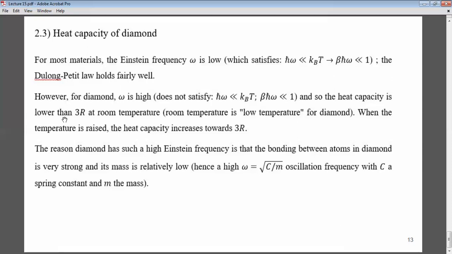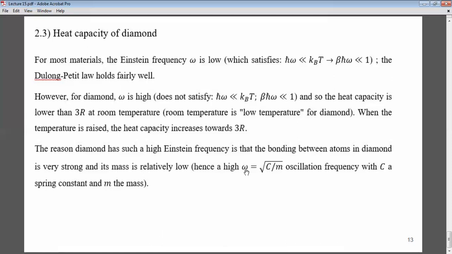If the two atoms oscillate, the period of oscillation will be very low, so the frequency will be very high. Also, the mass of diamond's atoms is low. Omega is the square root of C over M, with C a spring constant and M the mass. So this is why diamond does not follow.